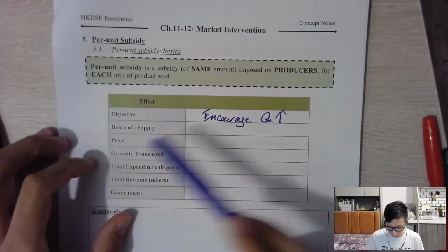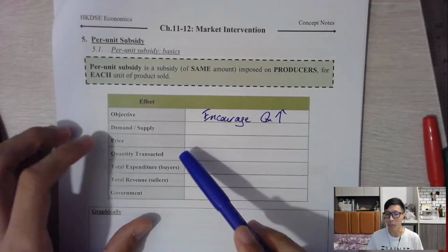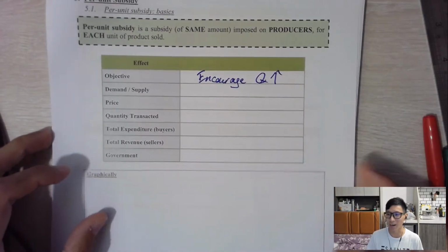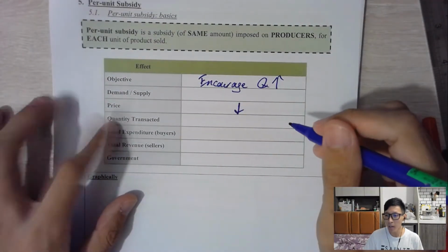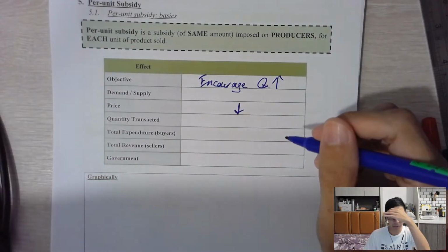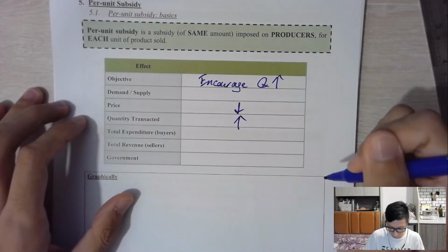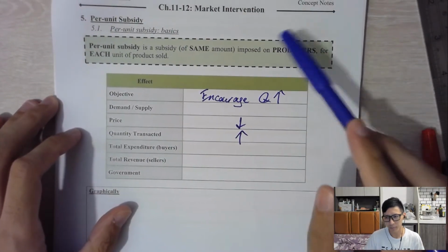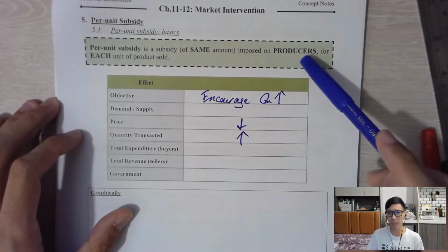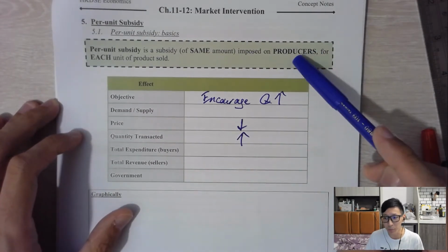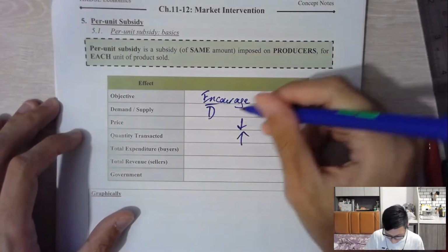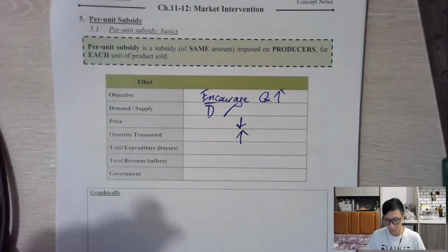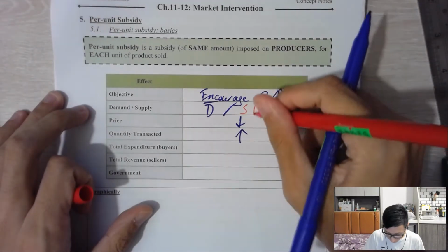So what happens is that with a subsidy, the price would drop, while the quantity transacted, hopefully, is going to increase, right? Now remember, in our syllabus, the subsidy is given to the producer, not the consumer. Therefore, demand would remain unchanged, while the supply would increase.